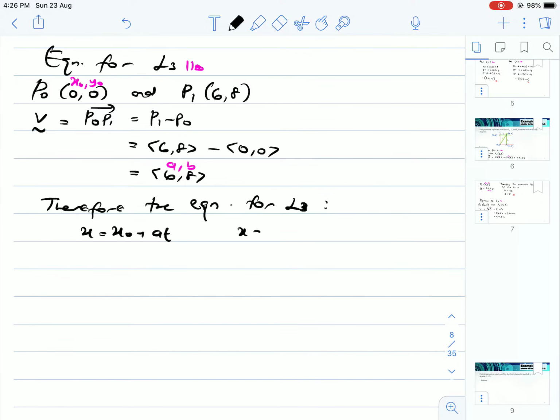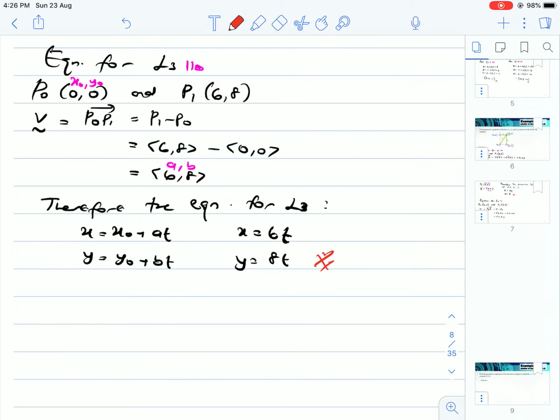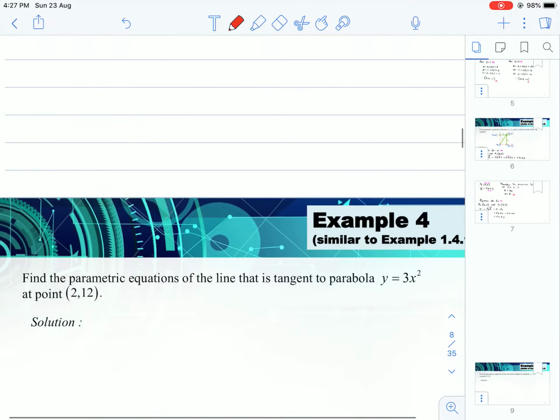X0 is 0, so we have 6t. Y equals Y0 plus Bt. Y0 here is 0, plus Bt, so 8t. Alright, so this is the answer. That's it. Done.